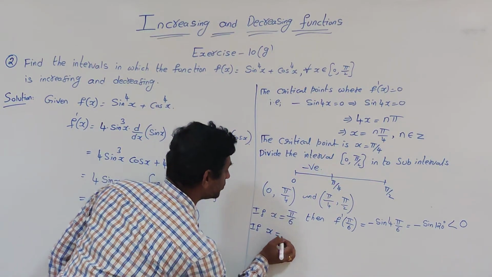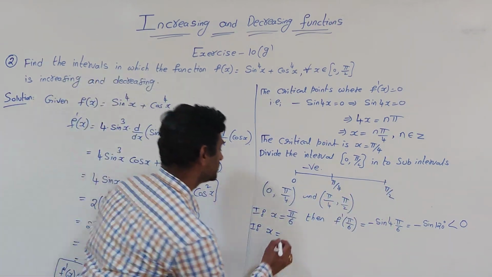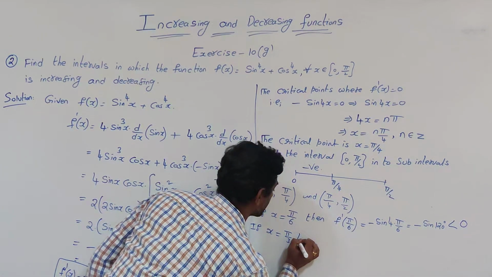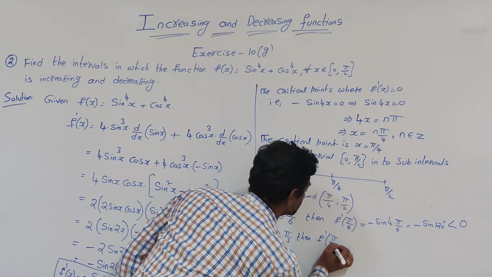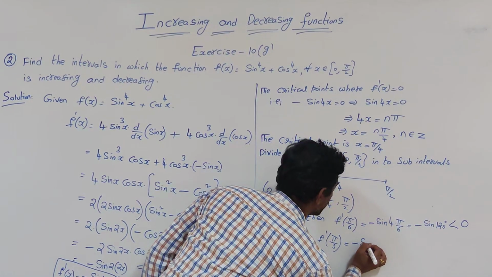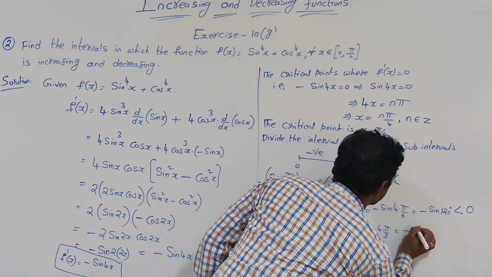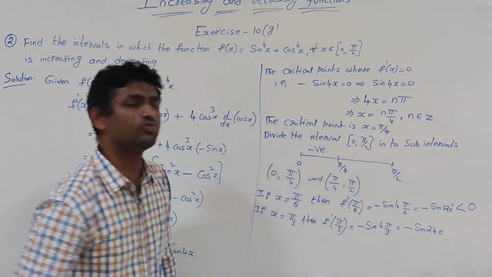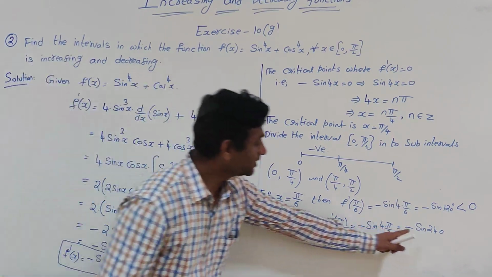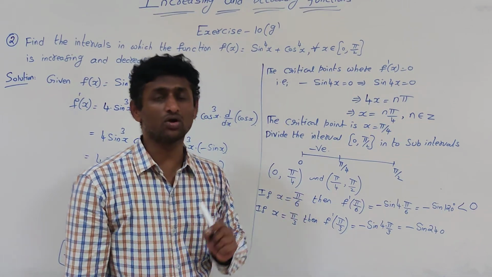If x is equal to any number between 45 to 90, I choose 60 degrees, that is pi by 3. Then f dash of pi by 3 will be minus sin 4 times pi by 3, which is minus sin 240 degrees. 60 into 4, 240. So sin 240 degrees is an angle which lies in the third quadrant.